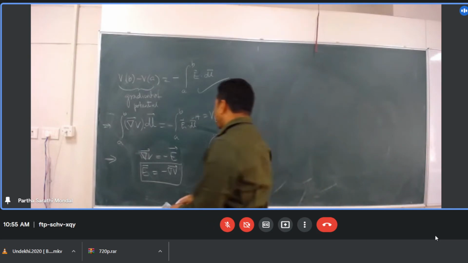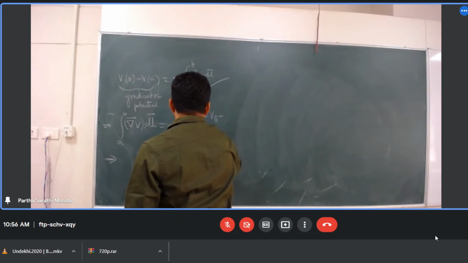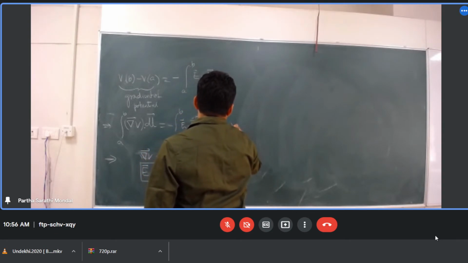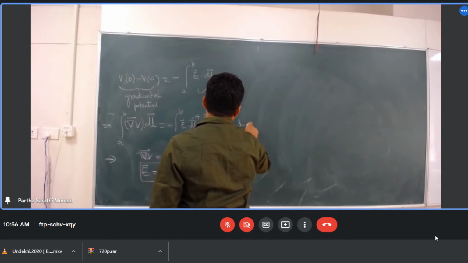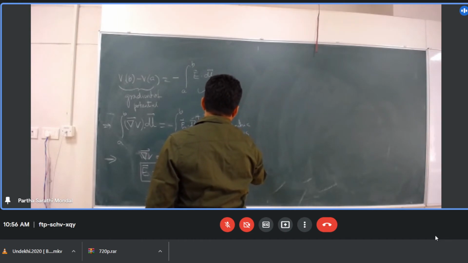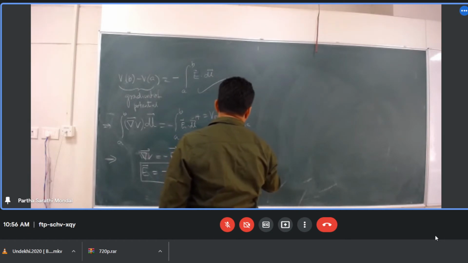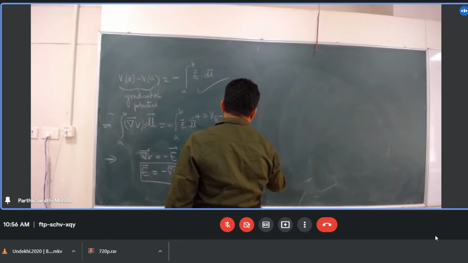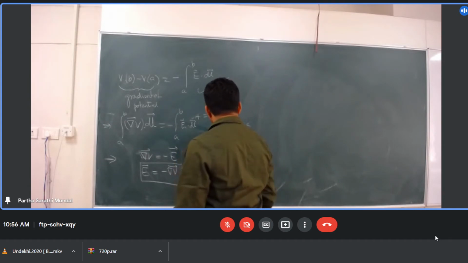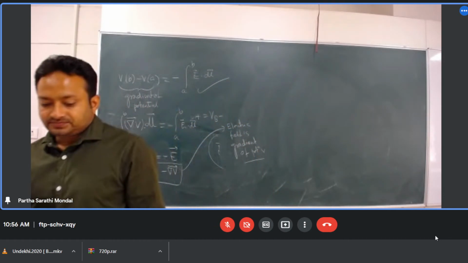तो gradient of a scalar मिला है. That means electric field is a gradient of a scalar. Electric field is gradient of potential. Scalar यहाँ पे potential है. ठीक है?